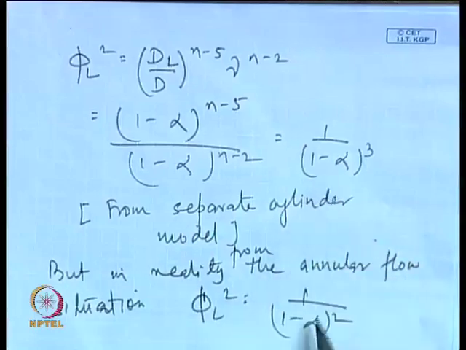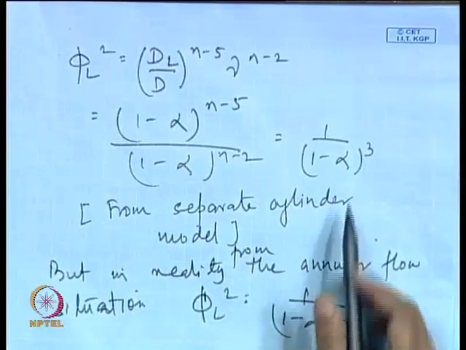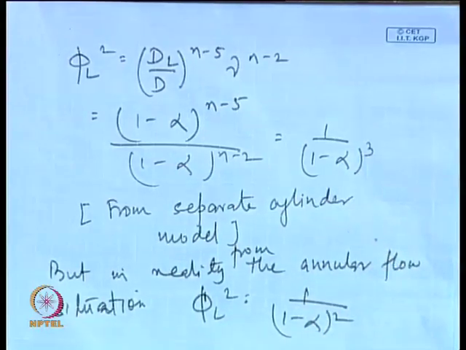So, this particular contradiction tells us where these two cases do not tally, and this particular discrepancy primarily occurs because we have not considered the interaction between the two phases.